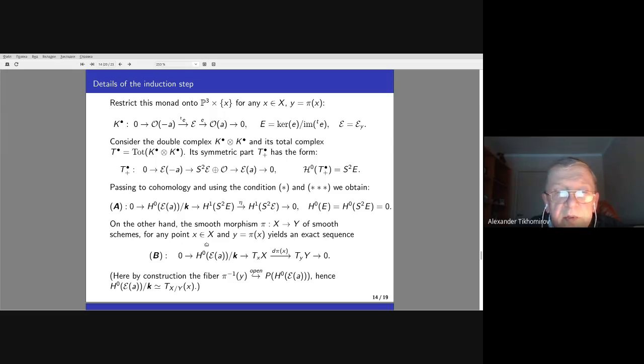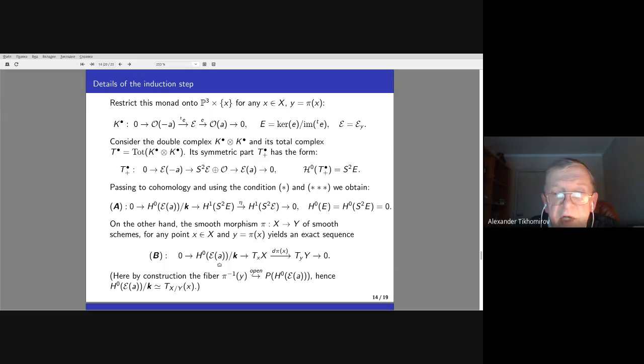So for any point x in X and any point y downstairs, we have an exact sequence of tangent spaces, which we denote by sequence B. And this is H0 of E(A) modulo K into the tangent space to X at the point x, and the differential at this point to the tangent space of Y at the point y.